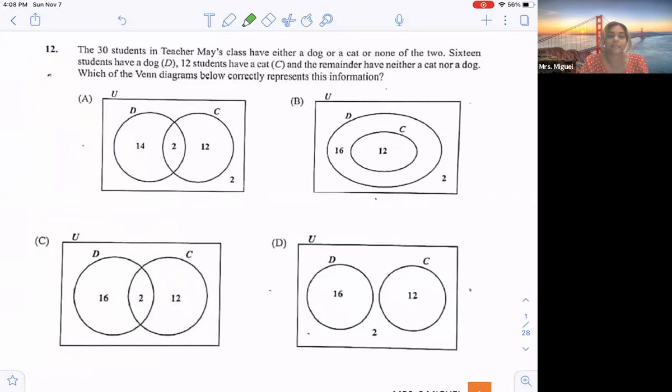The students in Teacher May's class, they either have a dog or a cat or none of the two. 16 students have a dog, 12 students have a cat, and of the remainder, neither of them have a cat or a dog.